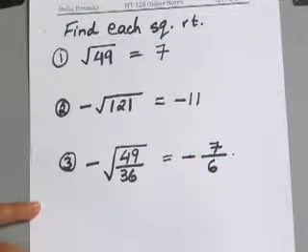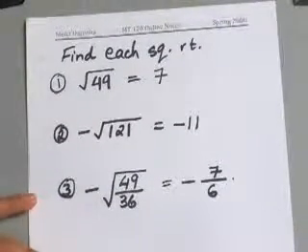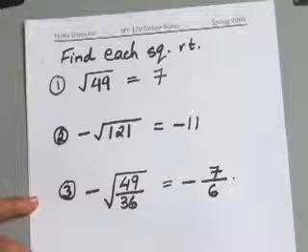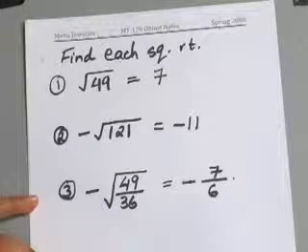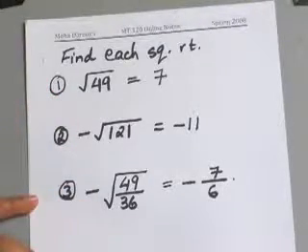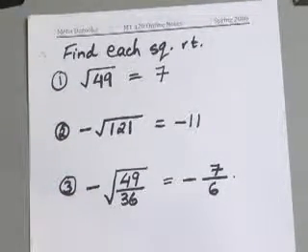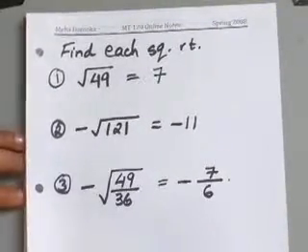Okay, and that's all you really have to do. If they told you, just like we did in the first example when we found the square roots of 64, to find all the square roots, in that case, you find the positive and the negative. Here they're asking you only to find a certain specific one. All right, let's look at a couple more examples here.